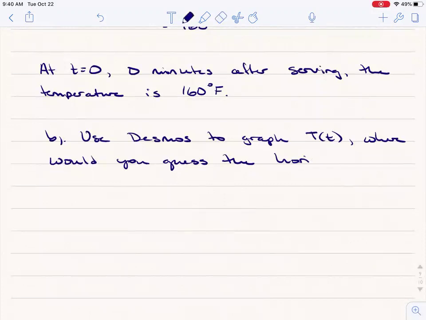The horizontal asymptote is question mark. Okay.